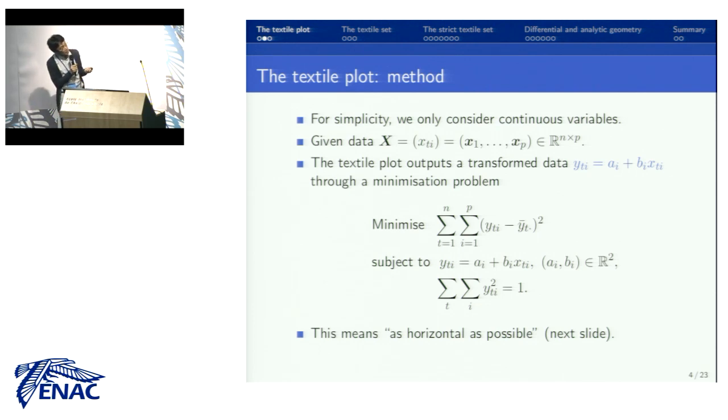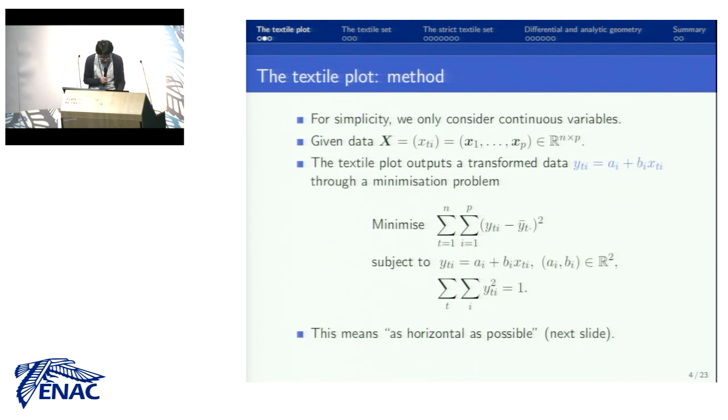And a_i and b_i are determined by the solution of the following minimization problem. The objective function means the difference from the horizontal line. And the restrictions are the linear transformation of each variable, and the sum of all squared variables is fixed.